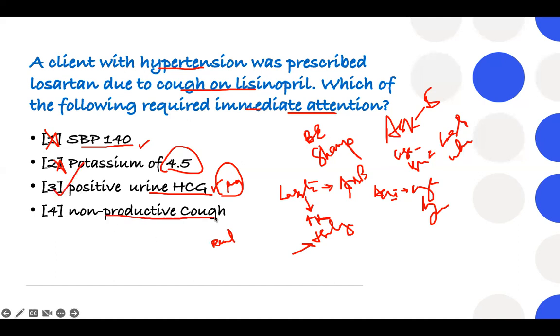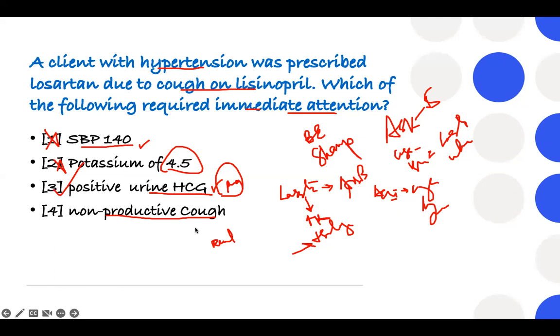A non-productive cough. Well, even though this is a little bit more worrisome, losartan doesn't cause that. It's the lisinopril that does that because it's an ACE inhibitor. So losartan doesn't, even though it's an ARB, which has almost the same mechanism as lisinopril.